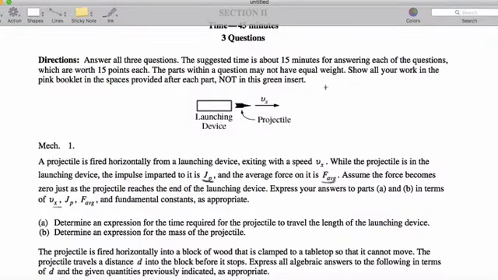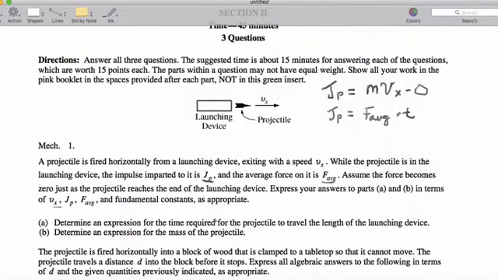What I'm tempted to write down is the impulse momentum theorem: J equals mVx minus 0. I'll also remind myself that the impulse is the force times the time.